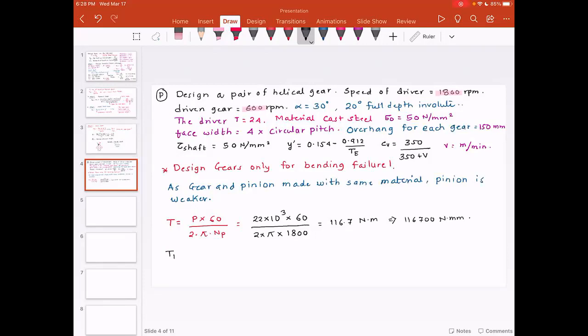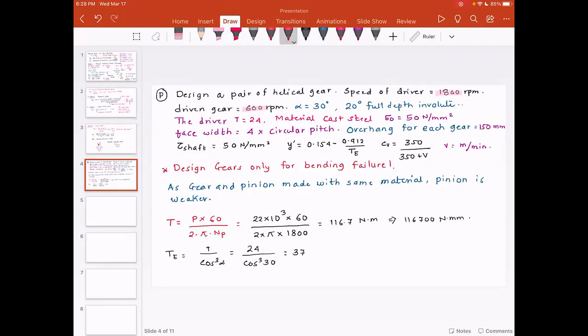The equivalent number of teeth, TE, is equal to number of teeth on pinion divided by cosine cube alpha, where T is 24 divided by cosine cube 30. That gives me about 37.